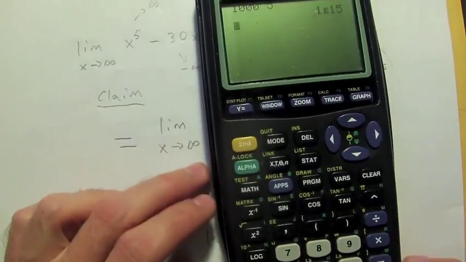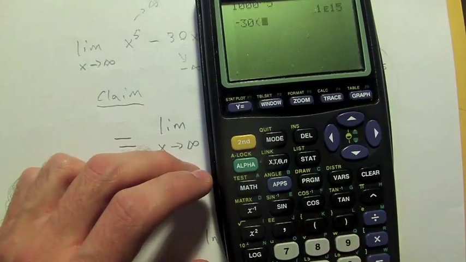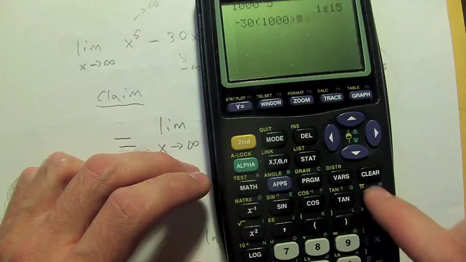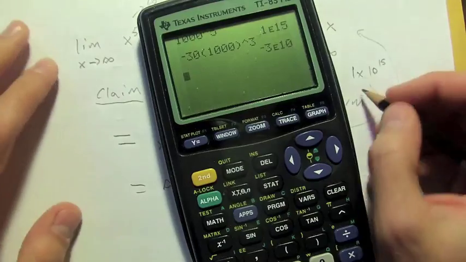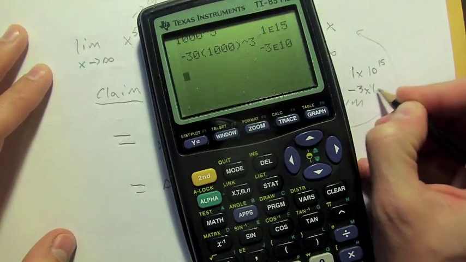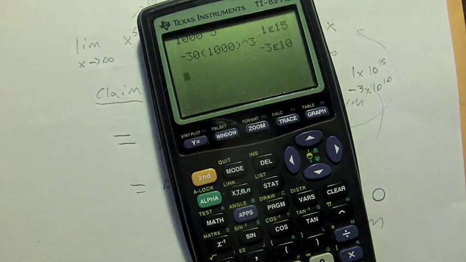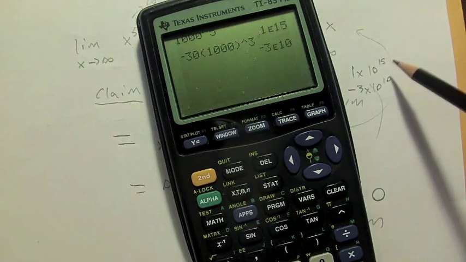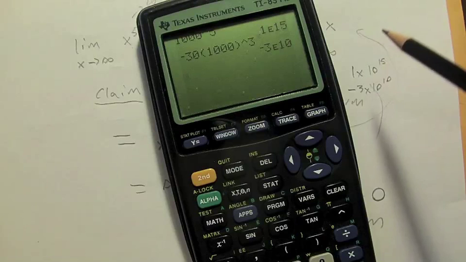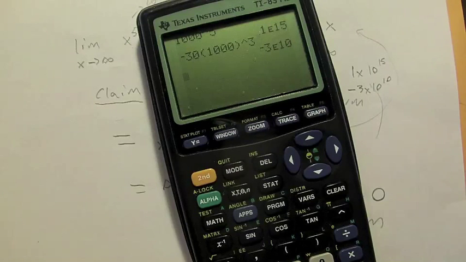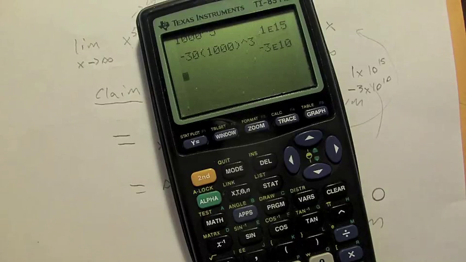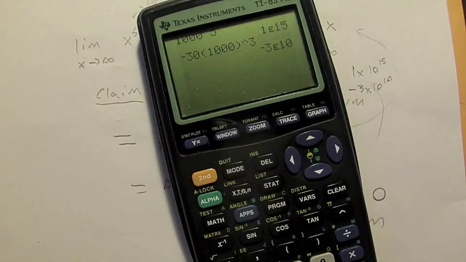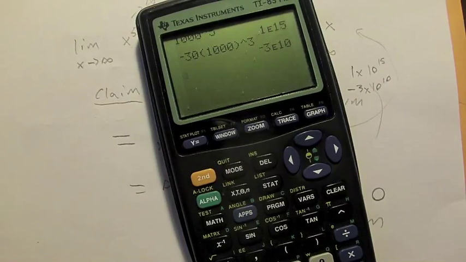But if I do negative 30 times 1,000 cubed, that's negative 3 times 10 to the 10th power. Now you might think that, well, those are pretty close, but this guy has 15 zeros after it, whereas this guy has 10. Might not seem like a lot, but in the grand scheme of things, and that's just 1,000, imagine what happens when we get up to like 10 million.